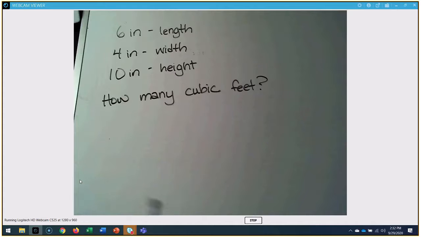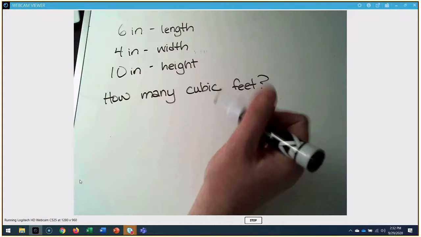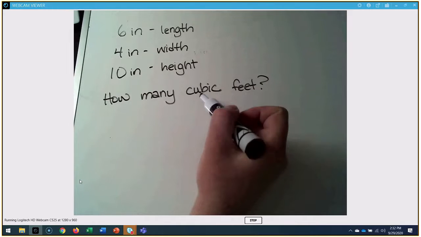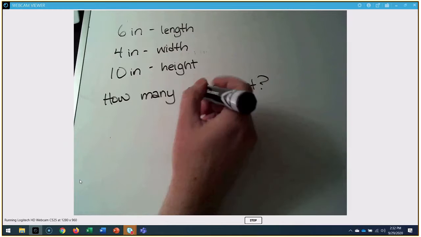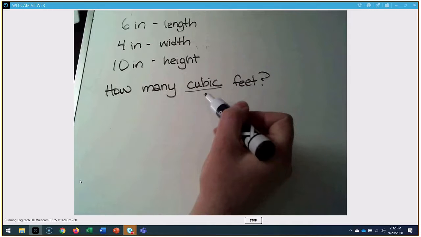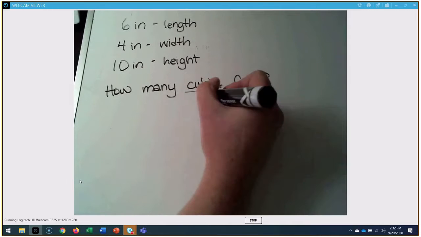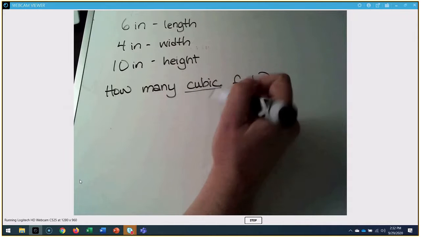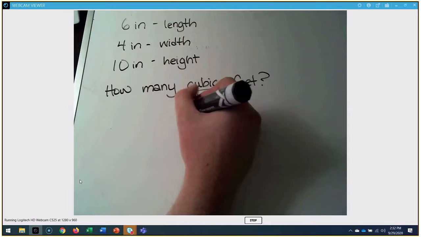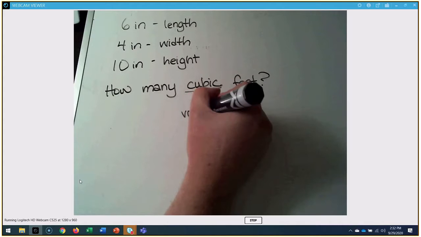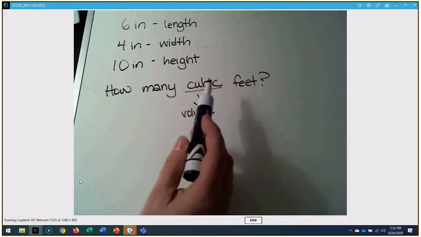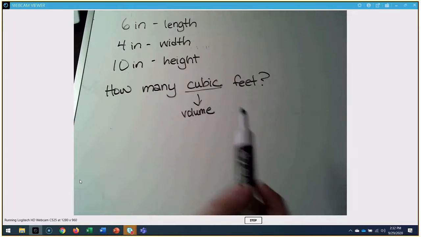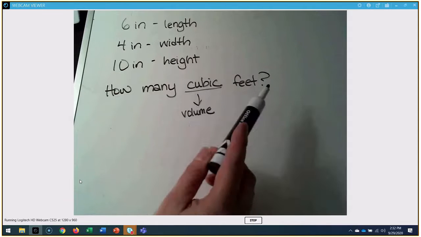A couple things that I see right away is the question is asking for cubic feet. Cubic, when you see this, means cube or three-dimensional. That's indicating that they want you to calculate the volume of this planter. Also, I see that they're asking for feet.